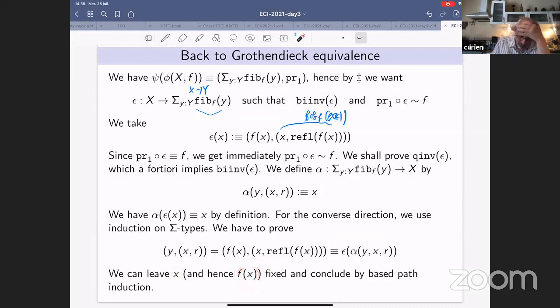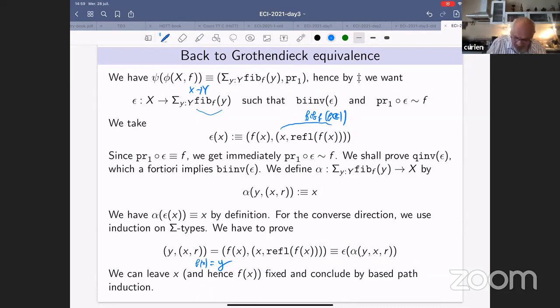And we have maybe to remember what is the type of R. So the type of R here is, if I'm correct, the proof that f of X is equal to Y. Yes, because it has to be in the fiber of Y. So you see that if X is fixed, then f of X is fixed.